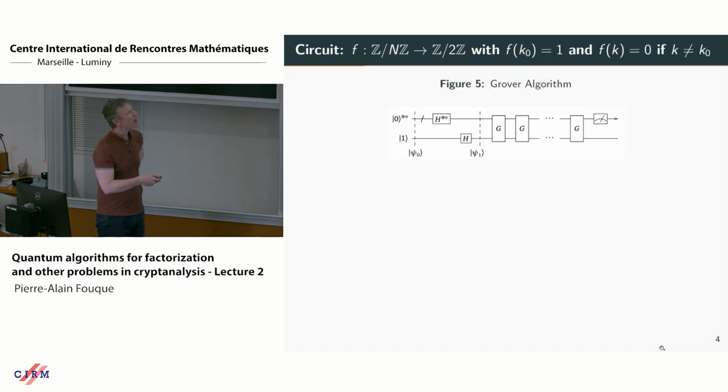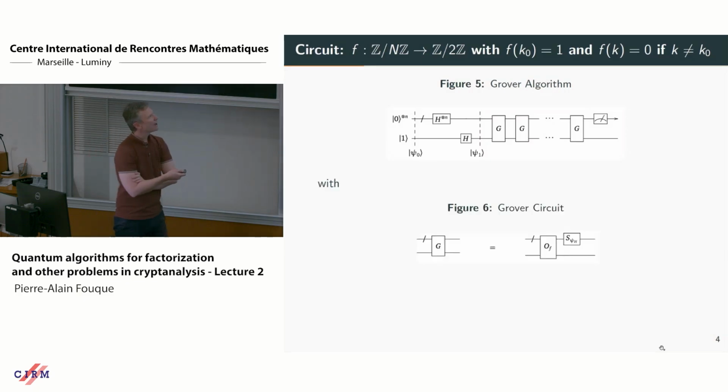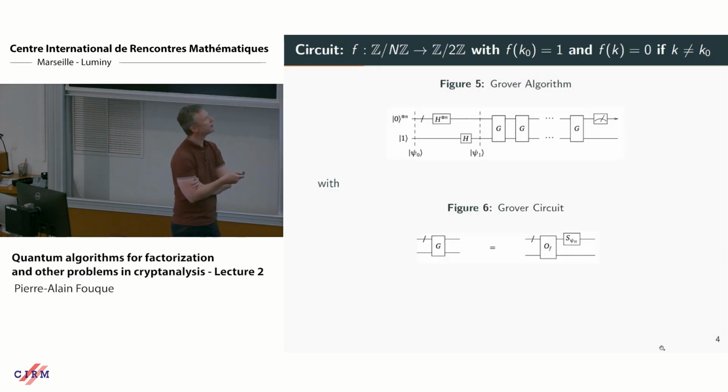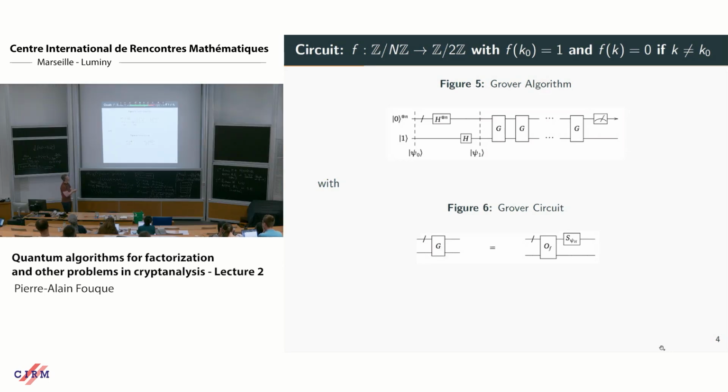And after, I will have a lot of Grover steps in order to make the amplitude of the correct value high enough. Okay? And what is exactly the value here? So the value here is n qubits here and 1 qubit here. And here I have n qubits and 1 qubit. And in fact, this is this step.